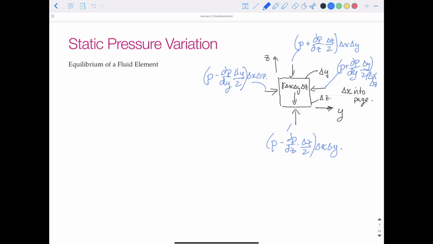We have some pressure, and we're assuming it's changing as a function of X, Y, Z. So we can write the pressure on the left-hand side in terms of the pressure in the middle. P is the pressure in the middle.